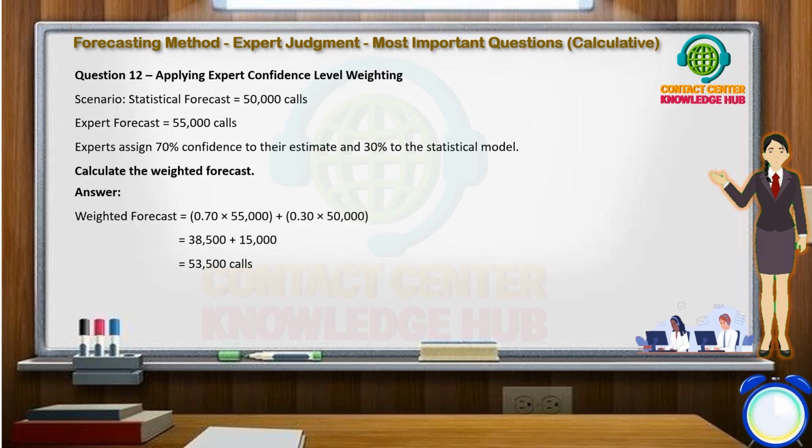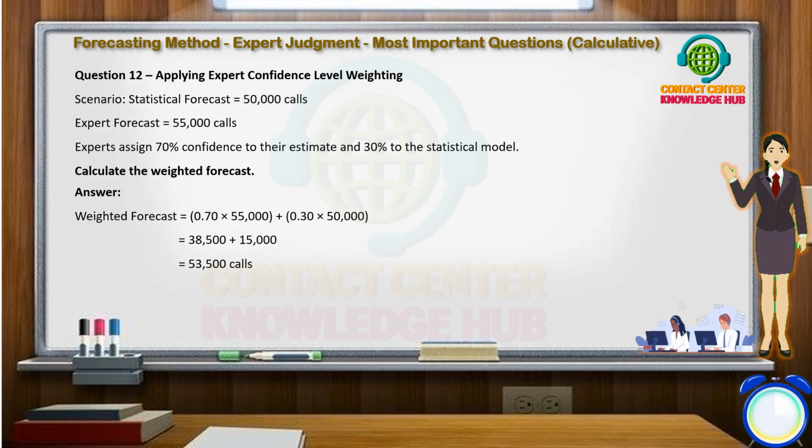So the calculation is 0.70 times 55,000 equals 38,500. And 0.30 times 50,000 equals 15,000. Now add them together. 38,500 plus 15,000 equals 53,500 calls. Final answer. The final hybrid forecast using expert judgment is 53,500 calls.